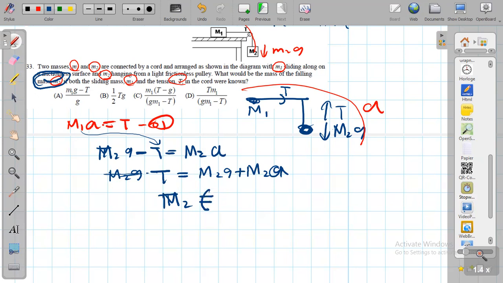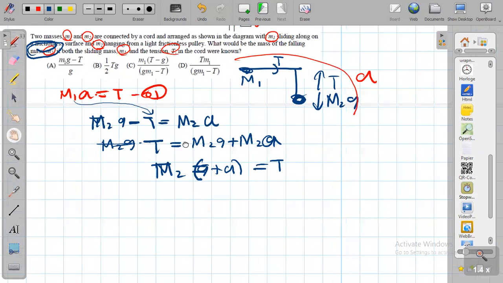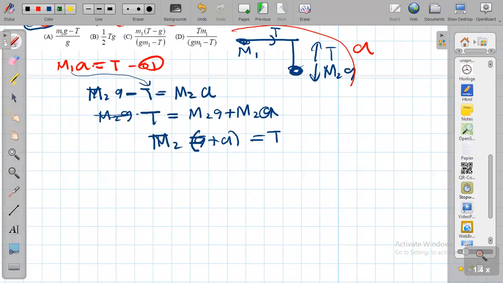M2 times (G plus A) equals T. G plus A equals T. We know that T from here. G plus A.